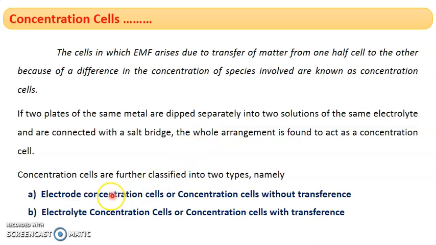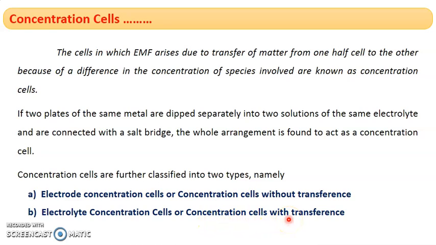First one, electrode concentration cells, and the second one, electrolyte concentration cells. Electrode concentration cells are also called concentration cells without transference, and electrolyte concentration cells are also called concentration cells with transference.